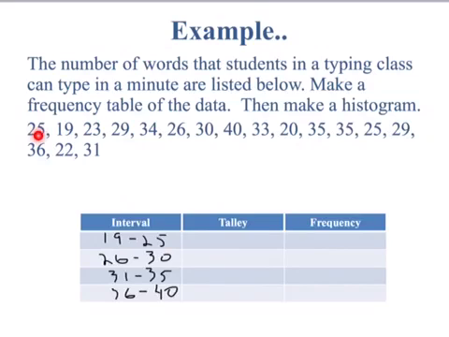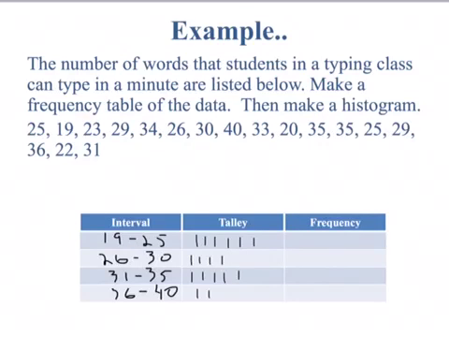My first number is 25, and it's going to fall in the first category. 19 will also fall in the first interval. 23 is in the first, 29 is in the second, 34 is in the third, 26 is in the second, 30 is in the second, 40 is in the last, 33 is in the third, 20 is in the first, 35 is in the third, 35 is in the third, 25 is in the first, 29 is in the second, 36 is in the last, 22 is in the first, and 31 is in the third.